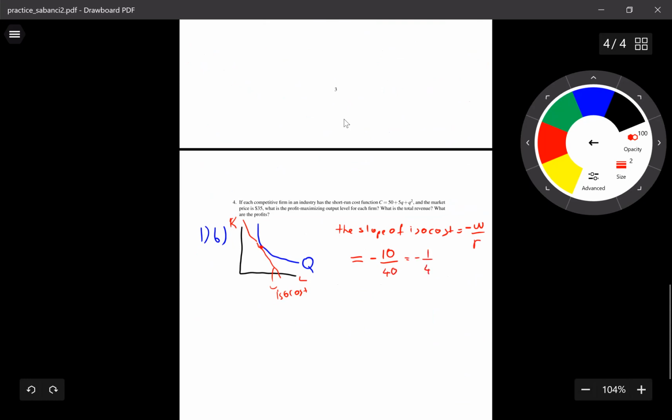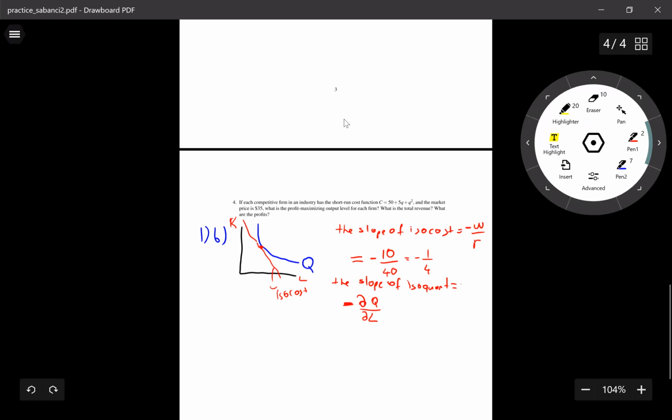The slope of the isoquant is minus dQ over dL, the marginal productivity of labor, divided by the marginal productivity of capital, with minus sign.